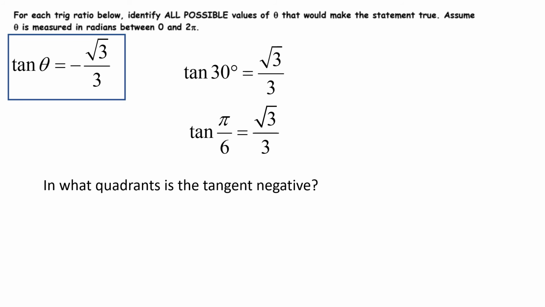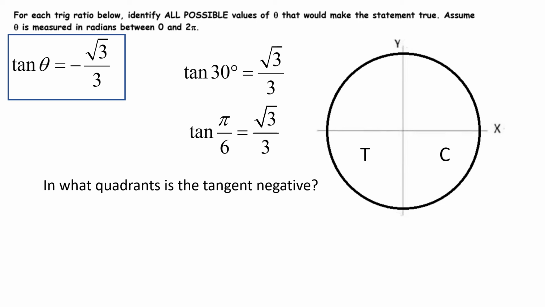But then I have to ask, in what quadrants would the tangent be negative? Because I'm looking for a negative square root of 3 over 3. Based on all students take calculus, I know that it would be negative in the second quadrant and in the fourth quadrant, because all are positive here and the tangent is positive here, so it's going to be negative in those other 2 quadrants.